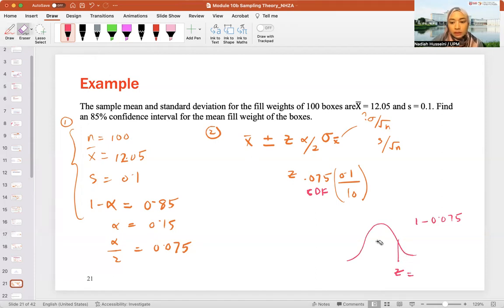Wait, let me rewrite that. Okay, like this one. And this would give me a value of 0.925. I want to know what is the Z for 0.925. Similarly, if I wanted to use the negative one, that would be much easier, I think. It would just be 0.075.